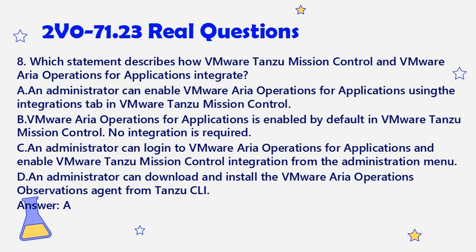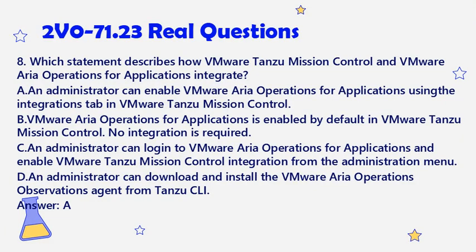8. Which statement describes how VMware Tanzu Mission Control and VMware Aria Operations for Applications integrate? A. An administrator can enable VMware Aria Operations for Applications using the Integrations tab in VMware Tanzu Mission Control. B. VMware Aria Operations for Applications is enabled by default in VMware Tanzu Mission Control.